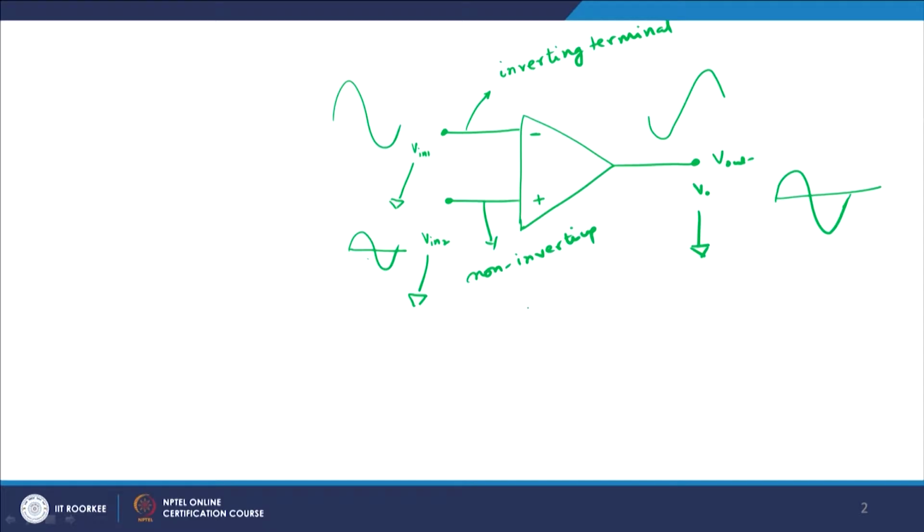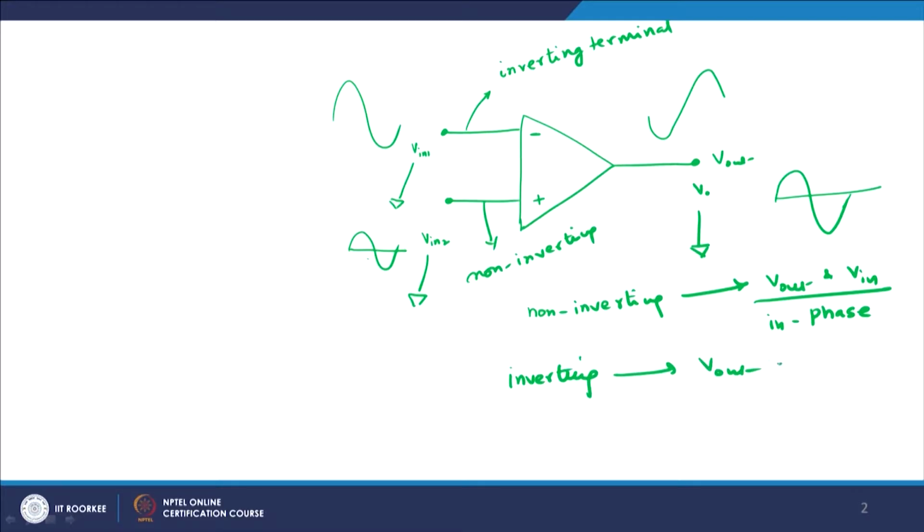So, for the non-inverting terminal, V out and V in are in phase, and for the inverting terminal, V out and V in will be 180 degrees out of phase.